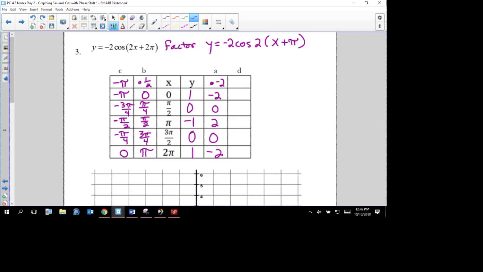What does it do to graph a transformation? Vertical, I'll put it on the next side. Because horizontal, everything you do is the opposite operation.